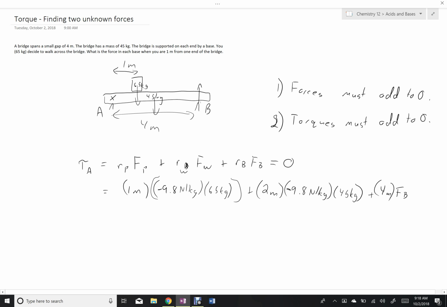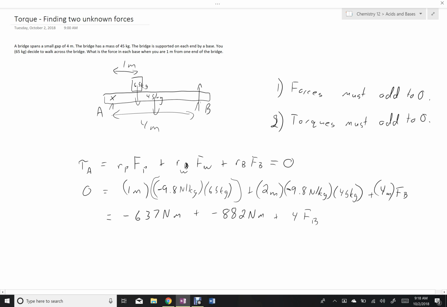So now I have an equation that I can solve for the actual force in the bridge. So 65 times 9.8, so I get negative 637 Newton meters, plus 9.8 times 2 times 45, 882, so negative 882 Newton meters, and 4 times FB.